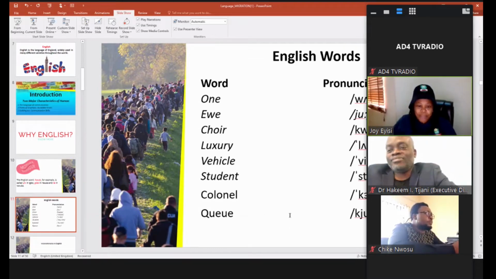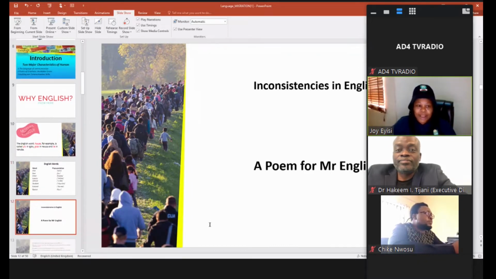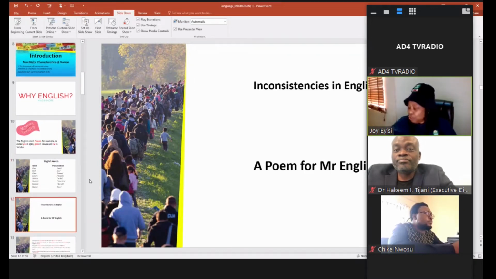But we have all of these letters in the spelling, and the pronunciation is Q, just like the letter Q. You can see that there are too many inconsistencies in the English language. When you think you have known spelling, you think you'll be able to pronounce from there, you'll be making a mistake.